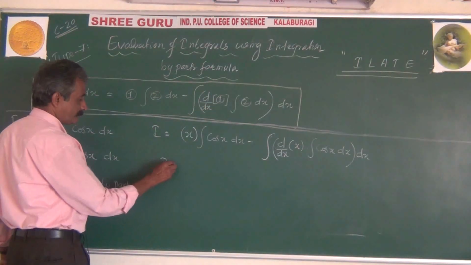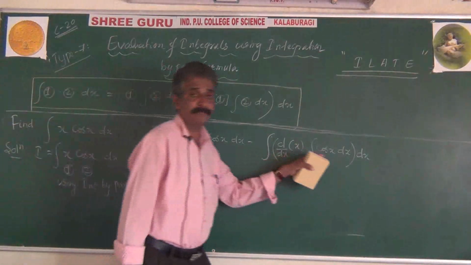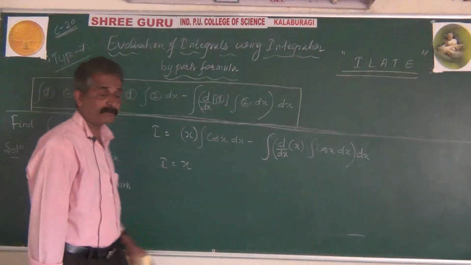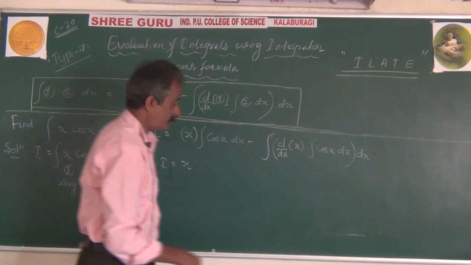I equals to x. We have written according to the integration by parts formula, but it is not the end of the problem. After completion of all these steps, that will be the end of the problem.